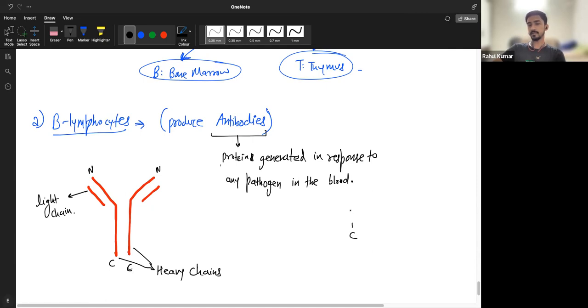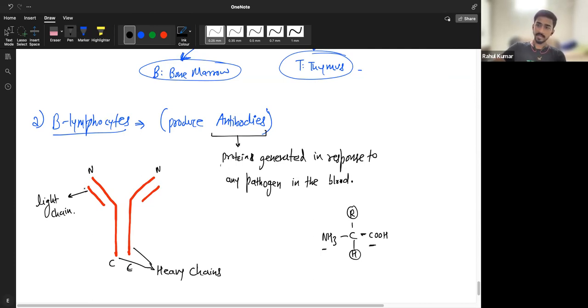A central carbon with the R group, a hydrogen, an amino group NH3, and a carboxylic group COOH, right? So this is the carbon end and this is the nitrogen end. All the amino acids are arranged in a way where this is the nitrogen end and this is the carbon end. We call it the N and C terminal.